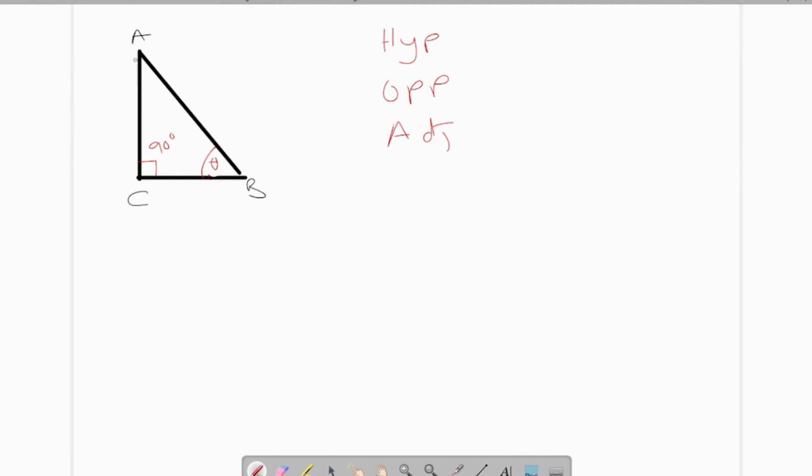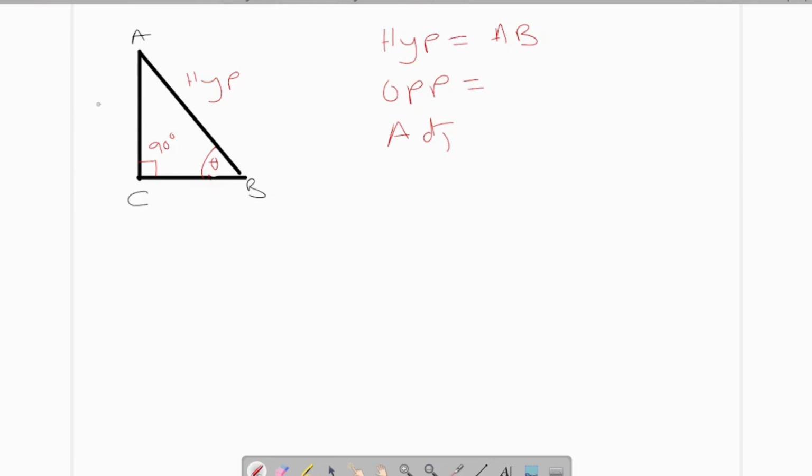So the hypotenuse is the slant height, or the side opposite 90 degrees. On our diagram here, the hypotenuse is AB, because it's opposite 90 degrees. And the opposite is the side opposite theta.